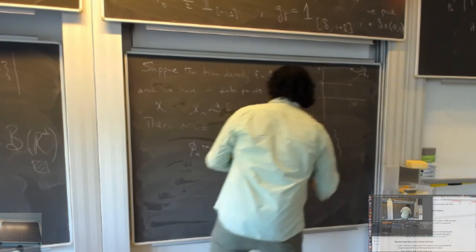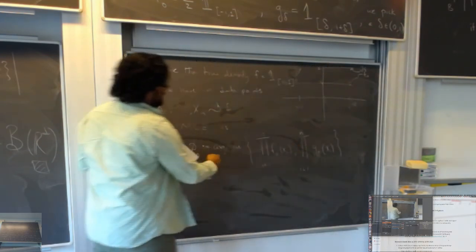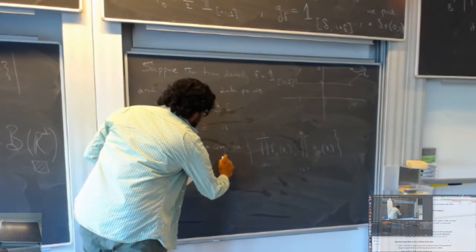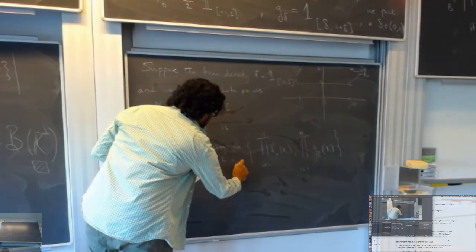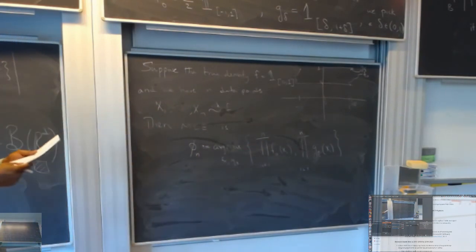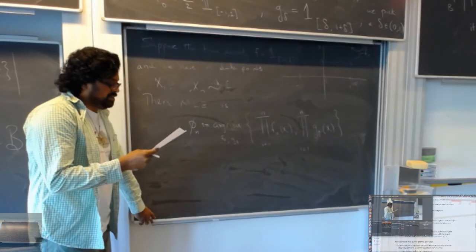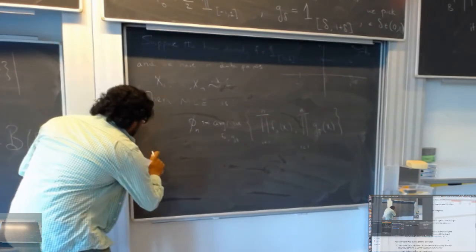So my arguments are f0 and g delta into this likelihood function. The one that maximizes the likelihood is what I'm going to call phi sub n, my maximum likelihood estimate.